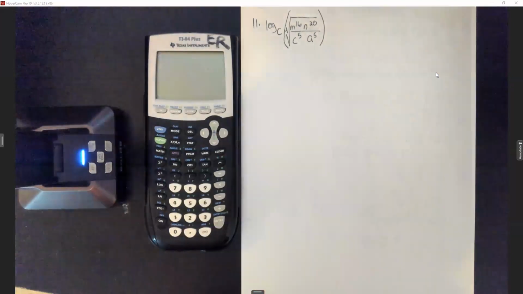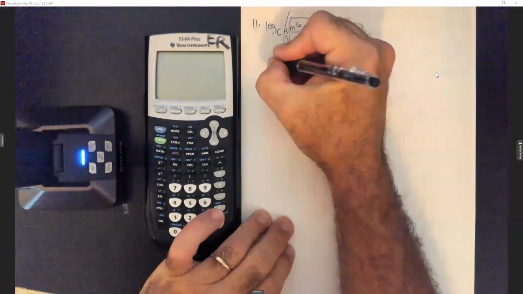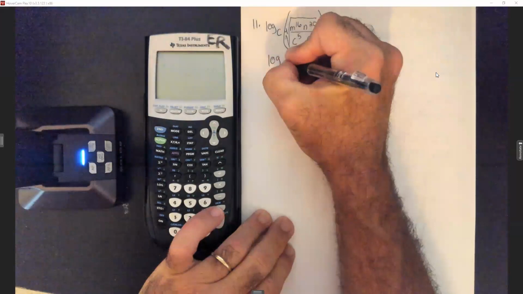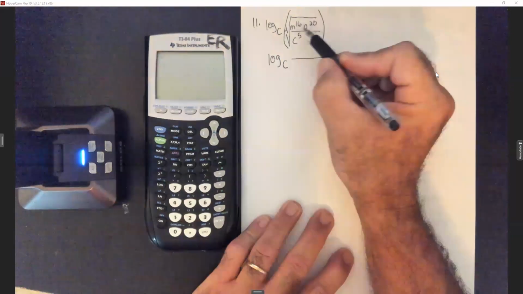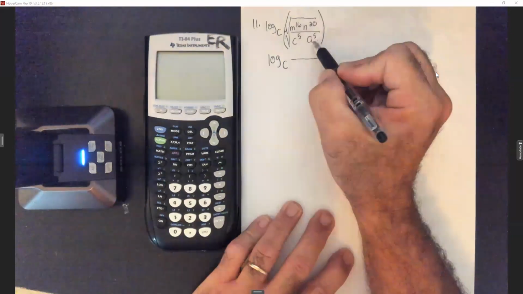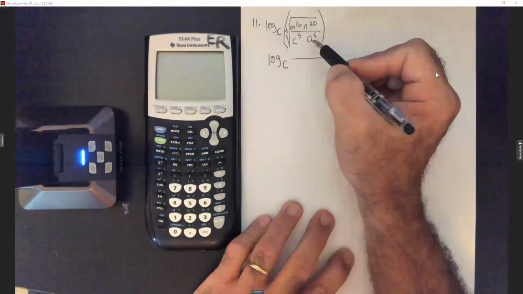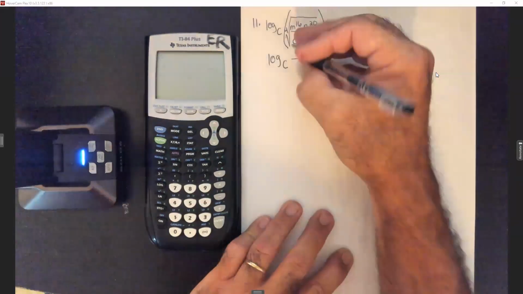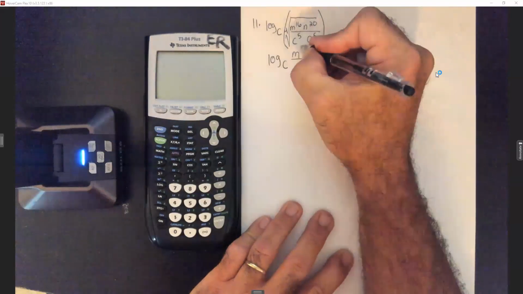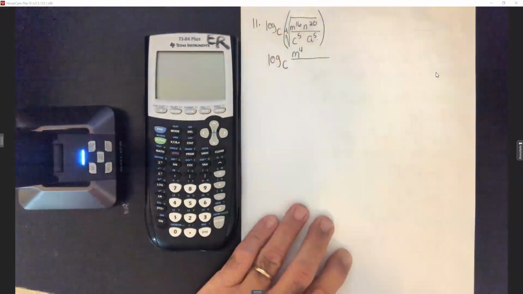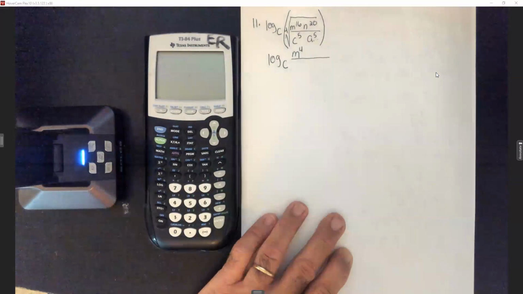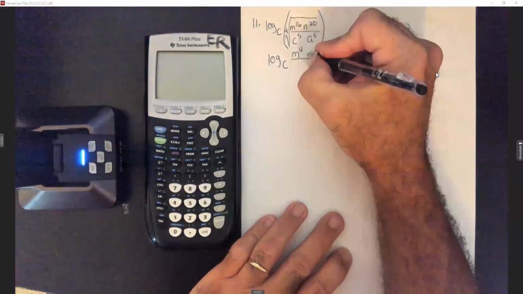So the first thing I'm going to do is rewrite everything about that big radical. So I'm going to bring my log base C over here, and I'm going to have a big fraction still, but I'm not going to have the radical. So all the exponents for these variables are all going to be divided by 4. So you got an M, 16 divided by 4, which will reduce to a 4. We got N, 20 divided by 4.